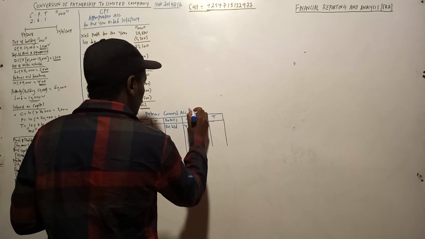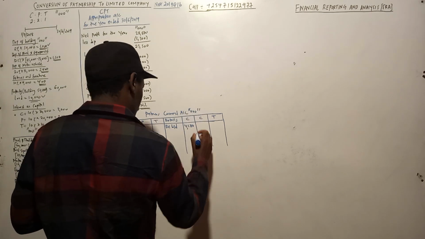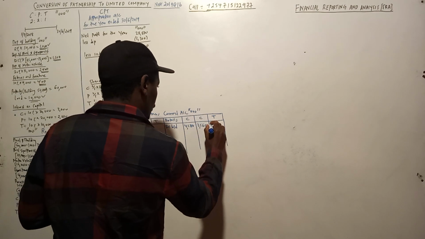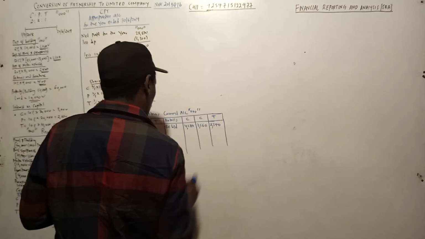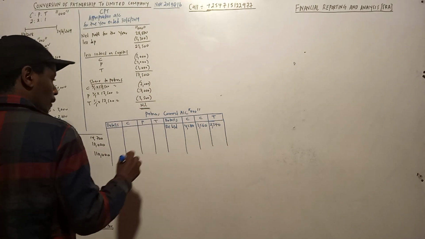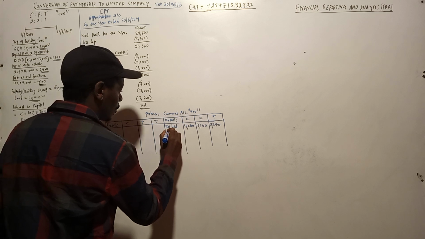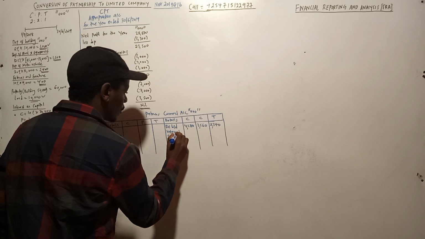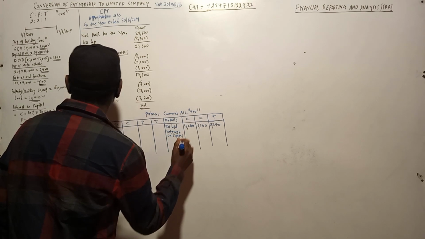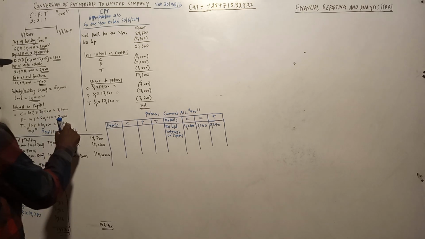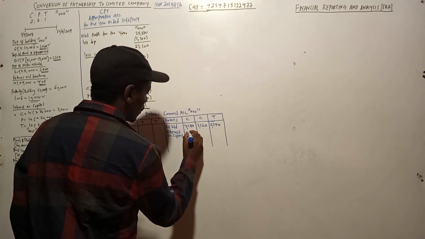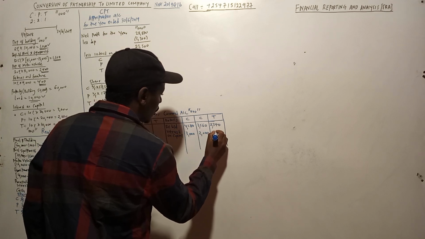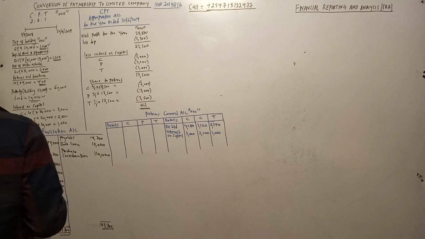Remember it is in thousands. Then interest on capital: 3,000, 2,000, and 1,000.